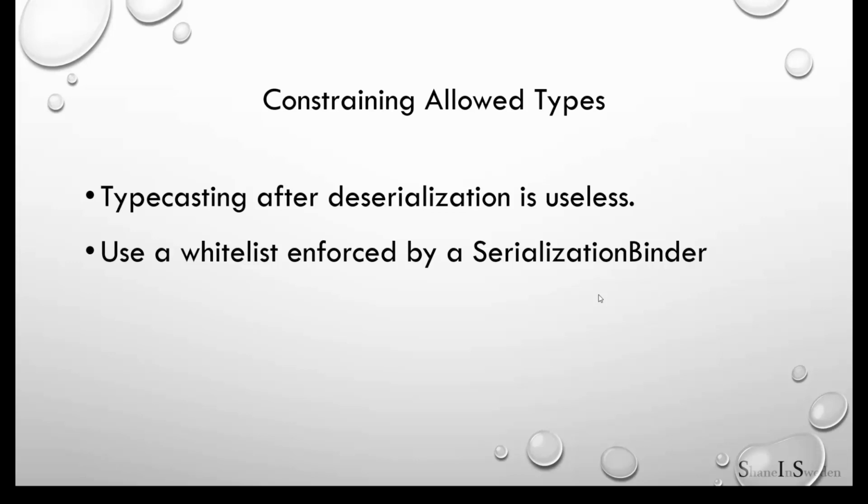As a further important point when constraining types, if the deserializer comes upon a type that it doesn't know about, it should return an exception. In some situations it may return a null if we don't specify that an exception should be returned, and that's not good. The reason being that the deserializer, on receiving a null type, may default back to the default binder, which allows all types, and then our whole whitelist process is completely useless and bypassed.